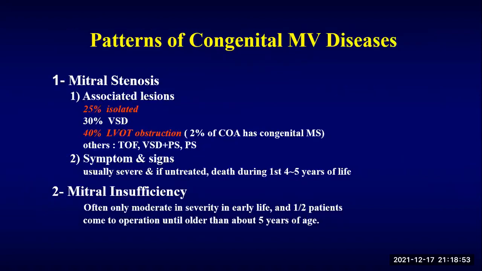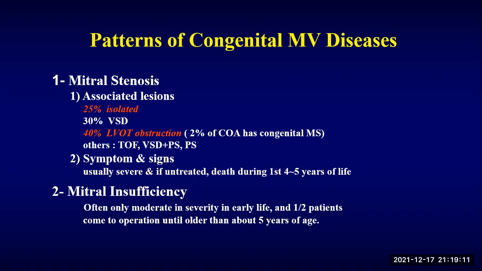Okay, some patterns of congenital mitral valve disease. Mostly mitral stenosis, sometimes it is isolated in 25% of patients and could be associated with other anomalies. In 40%, it is associated with LVOT obstruction.